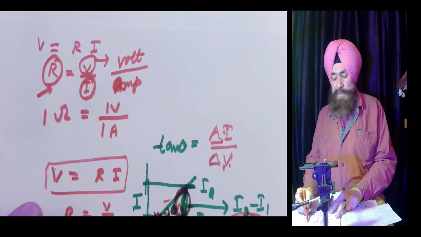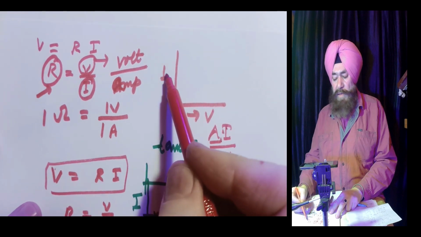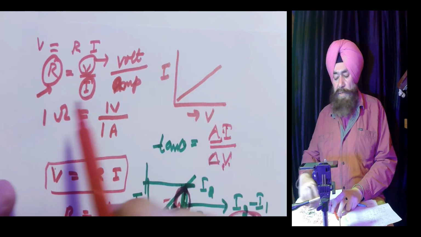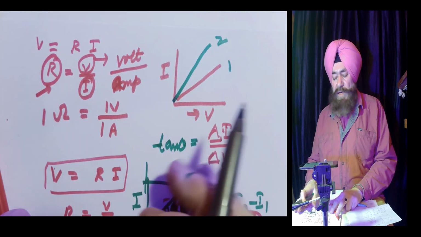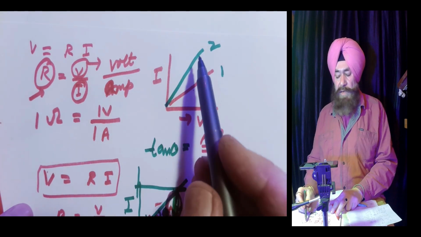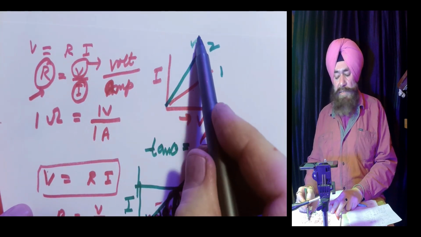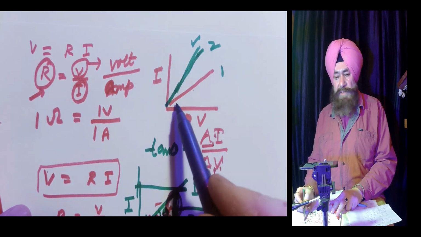If you are having two lines, V and I, this is one line, this is another line. If I say which is having more conductance, then your answer will be that 2 is having more conductance, because the slope is high, here the slope is less.